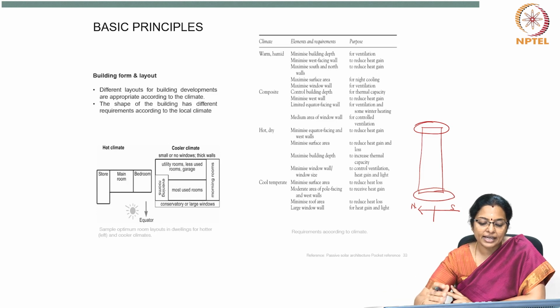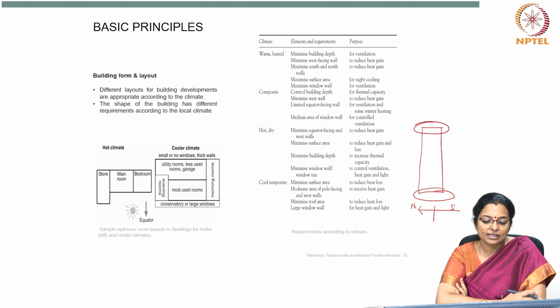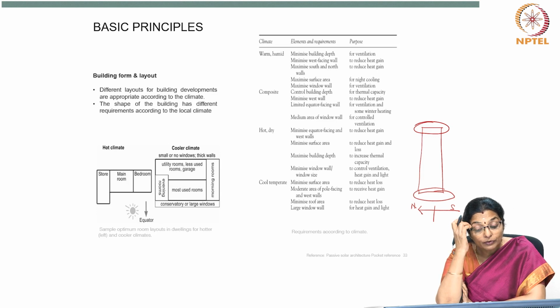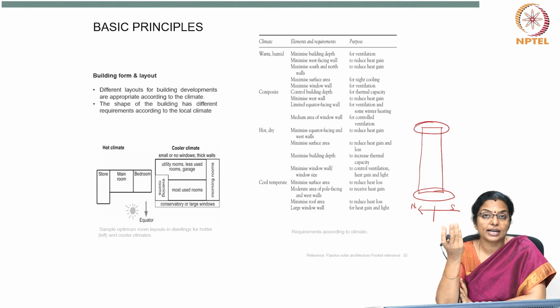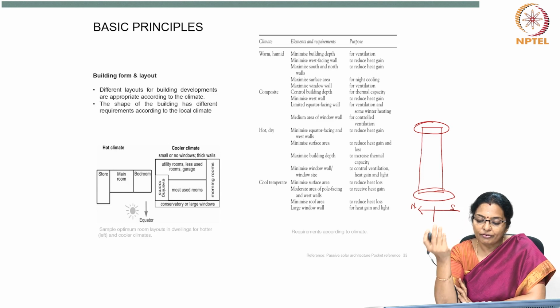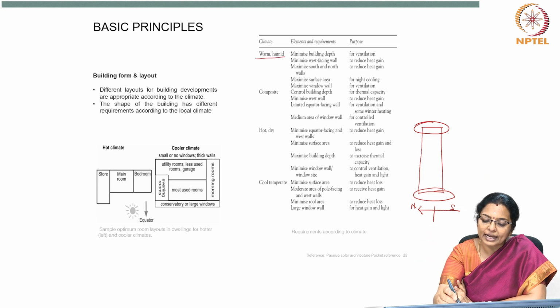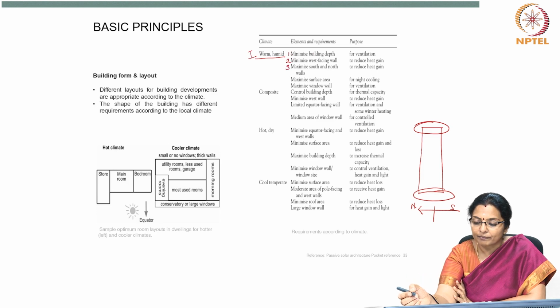Now, different layouts for building developments are appropriate according to the climate. The shape of the building also has different requirements based on the local climate. Now, if we look at orientation, then for warm humid climate, you must minimize the building depth, you must minimize the west facing wall, and you must maximize north and south walls.